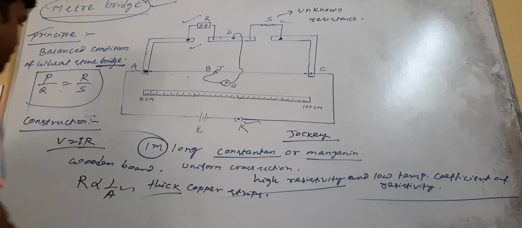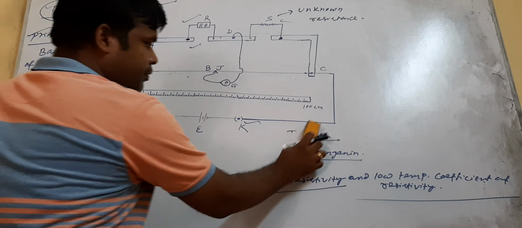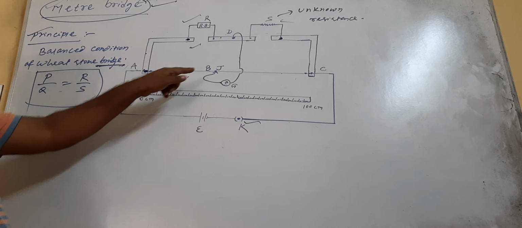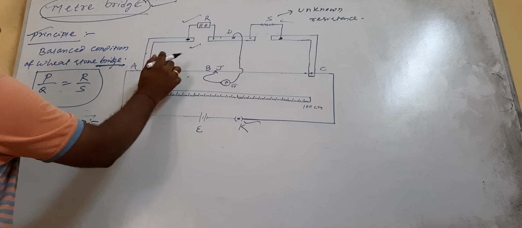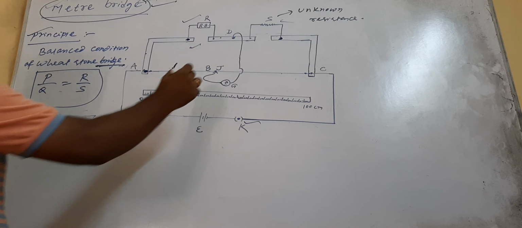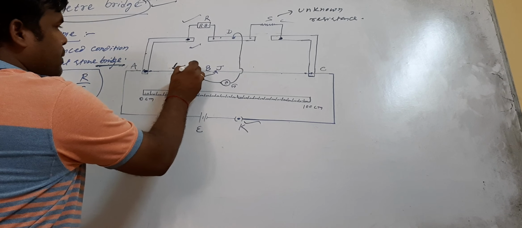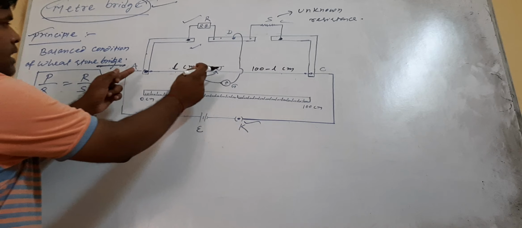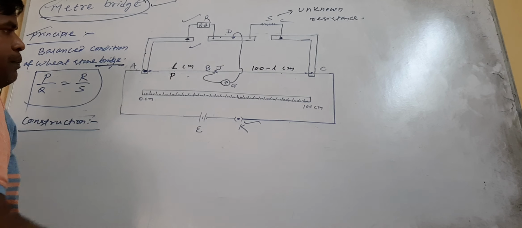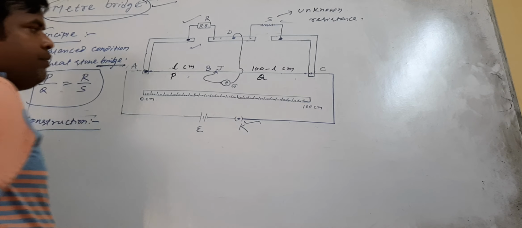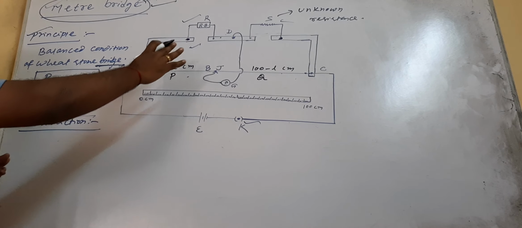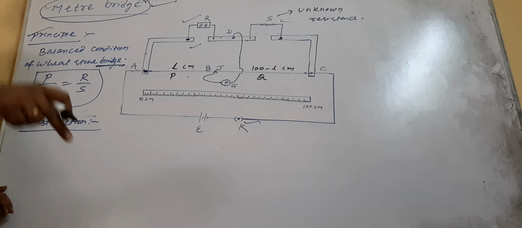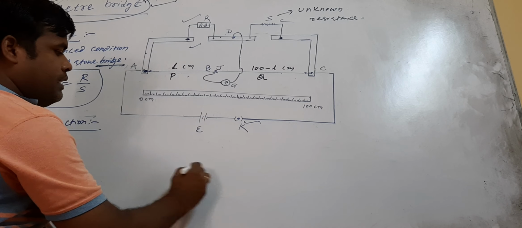Now you see, if it is the null point, this length let it be L centimeter, and this length will be 100 minus L centimeter. That means this resistance is, if it is P, it is Q. So now you just represent the whole diagram with a Wheatstone bridge.